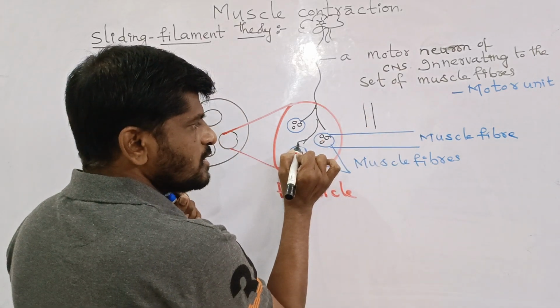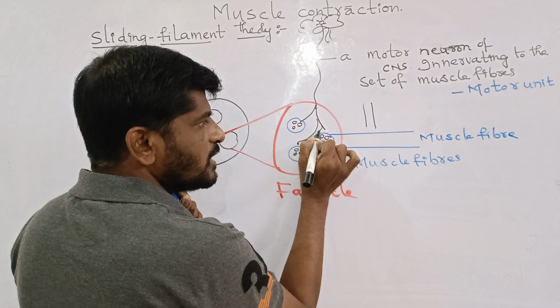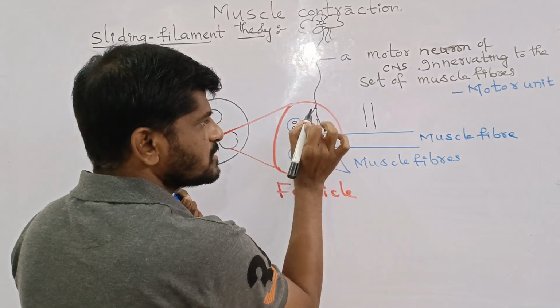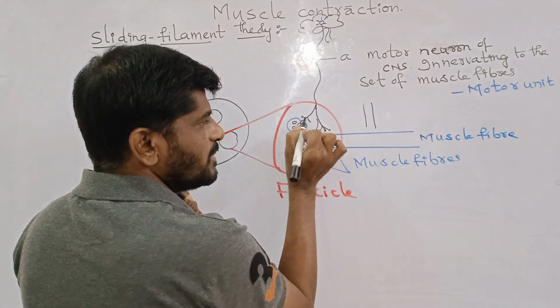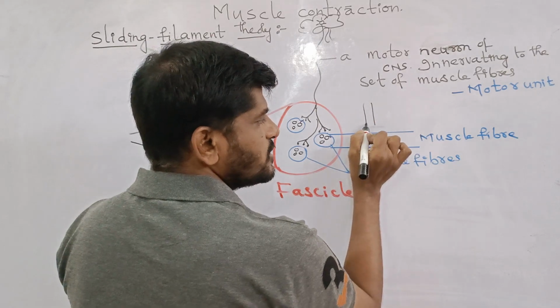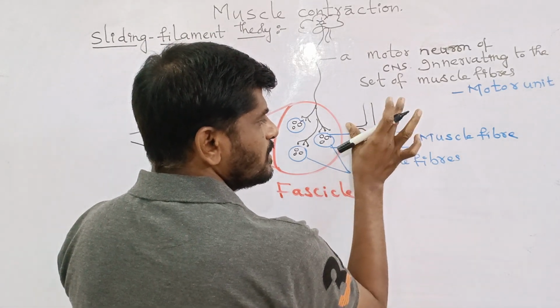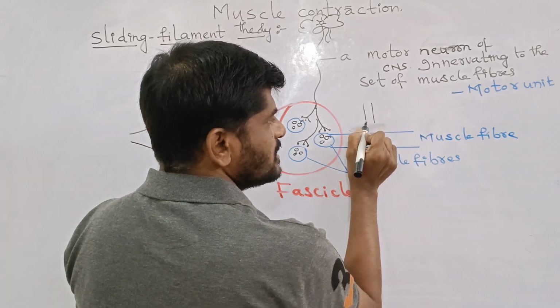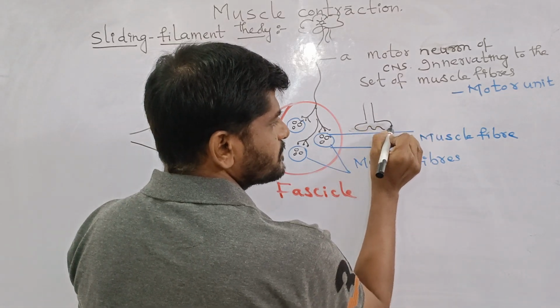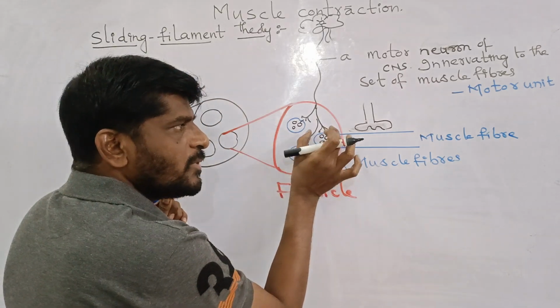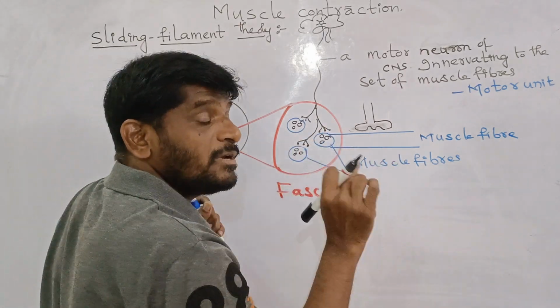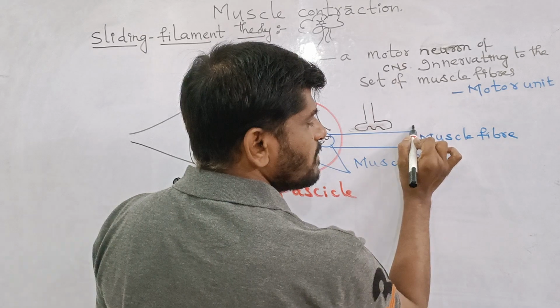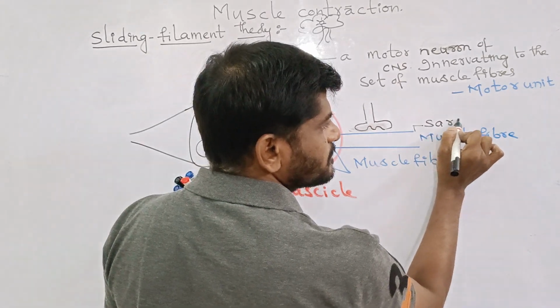At the terminus of the axon, there are bulbs called the synaptic bulbs. There are the synaptic bulbs. The terminus of the synaptic bulb synapses with the sarcolemma. This is the muscle fiber sarcolemma.